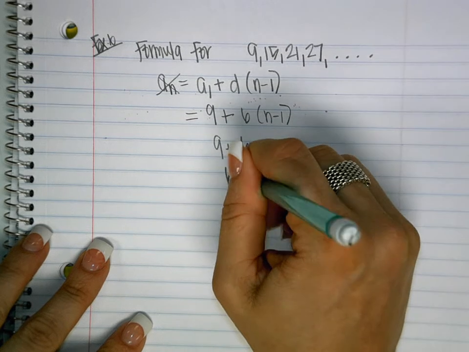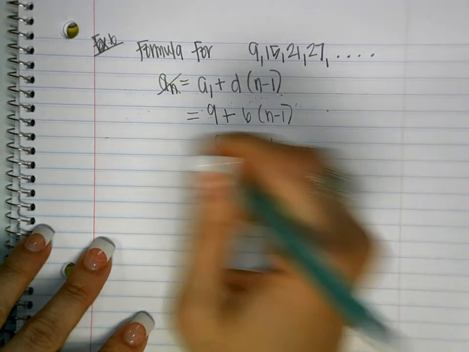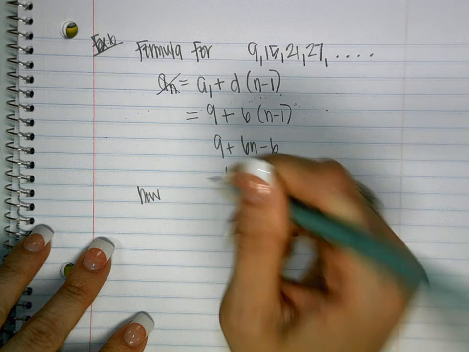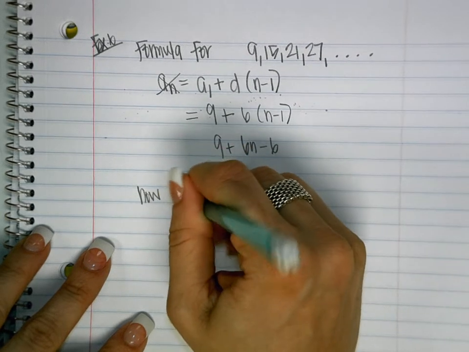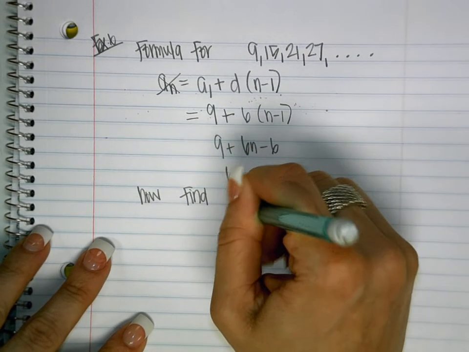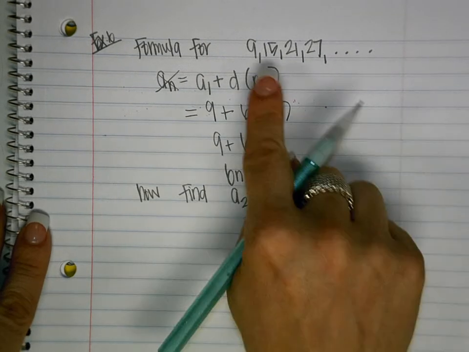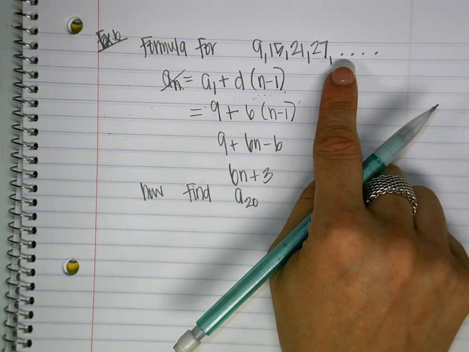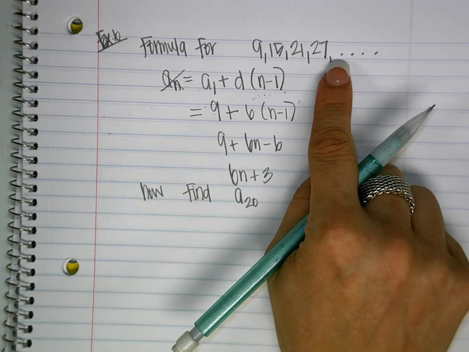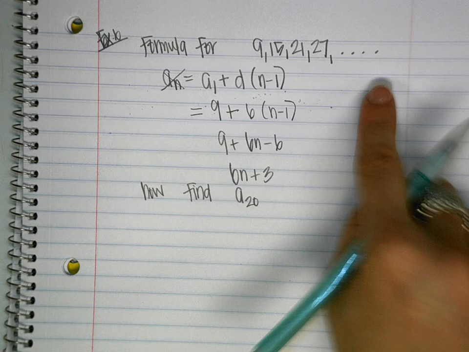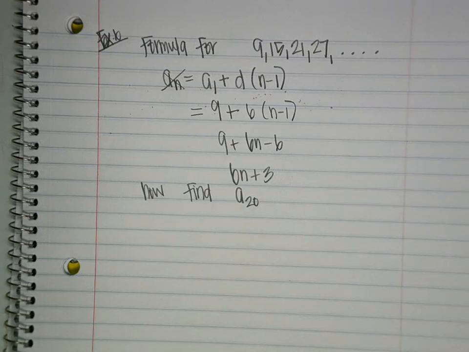6n plus 3. Now that you found the formula, I want you to find a sub 20, the 20th term in this sequence. If I had just told you to find the 20th term, you could theoretically keep adding and write down 20 terms, but it's going to take a little while and you don't really want to do that.